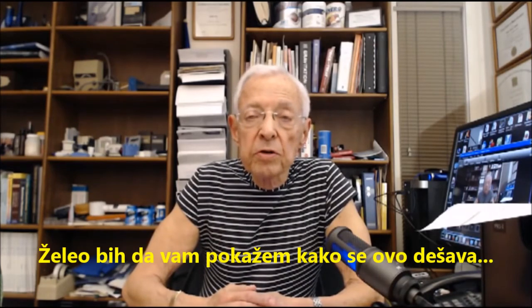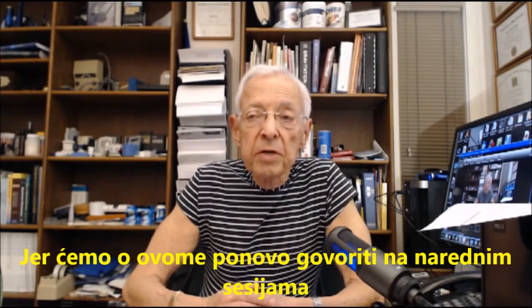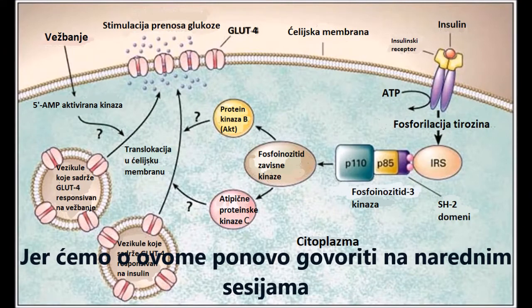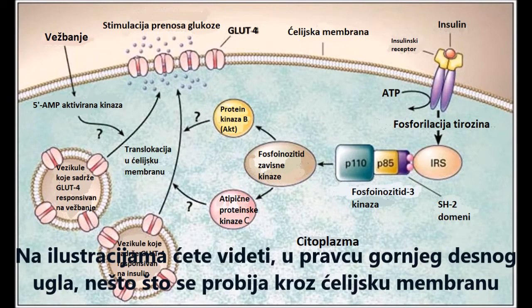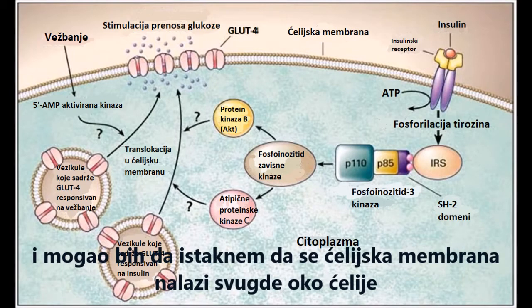Now, I want to show you how this happens because we're going to be talking about it again with other sessions. In the illustration, you'll see toward the upper right corner something sticking through the cell membrane. I might point out that the cell membrane goes around the entire cell.